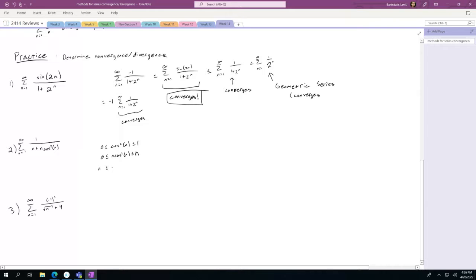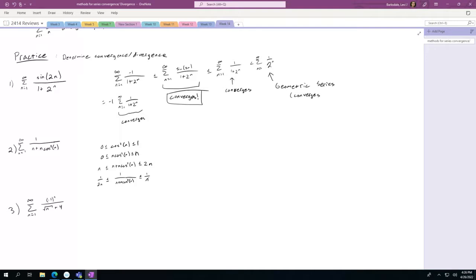Which means n is less than or equal to n plus n cosine squared of n, which is less than or equal to 2n if I just add n to everything, right? Okay. And when I take the reciprocal of all this, all of my signs are going to flip, right? So rather than writing all of my signs as flipped, I'm just going to swap the order. So now I have 1/2n is smaller, 1/n is larger, right?